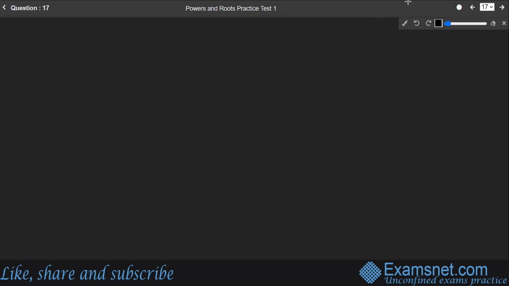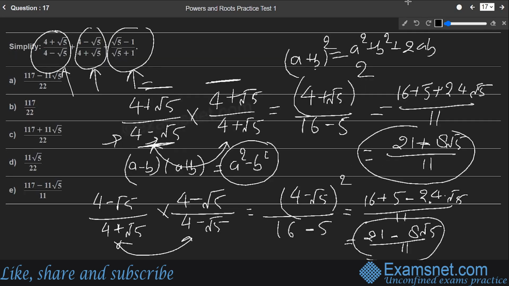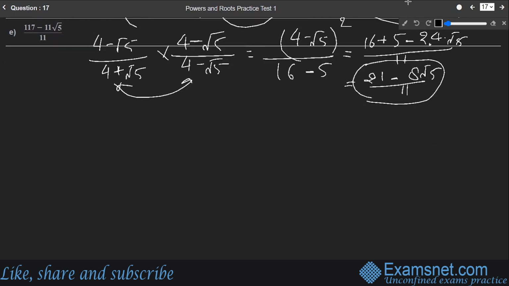Let us go to the third term, which was given to us as root 5 minus 1 over root 5 plus 1. We have to do the conjugate, so we multiply it by root 5 minus 1 over root 5 minus 1.